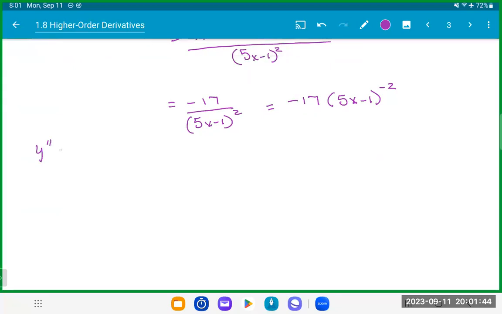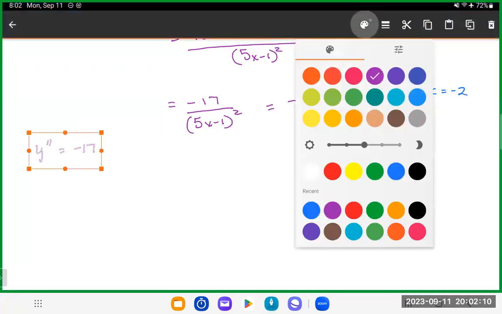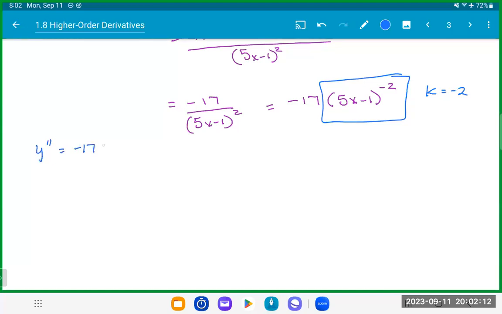So the second derivative here then is going to be, we can write that negative 17 because we're really only doing the extended power rule on this. We'll just carry the negative 17 over with that. So our k here, let me do this in another color. Our k is equal to -2. So I'll just do a bracket.